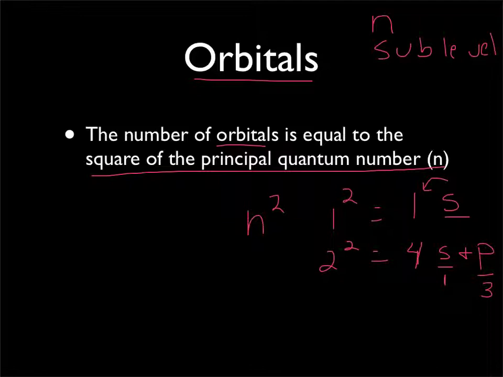Okay, if we're talking about a hotel, on the first floor, that's my N. N equals 1. And in that floor, I have 1 room, S. So we call this the S room. And in that 1 room is 1 bed.